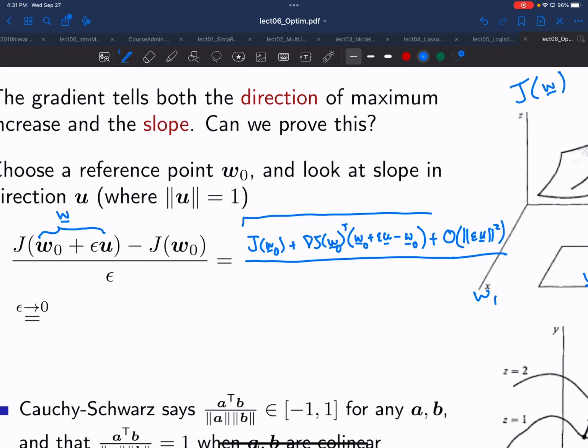The Taylor series says it's the height of the reference plus the gradient transpose times (w minus the reference), plus big O of the difference between w and the reference, which is just epsilon u.